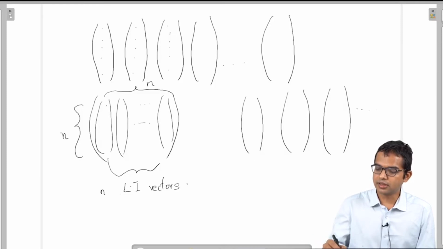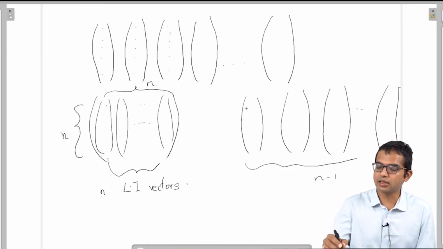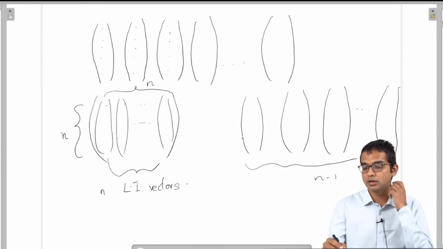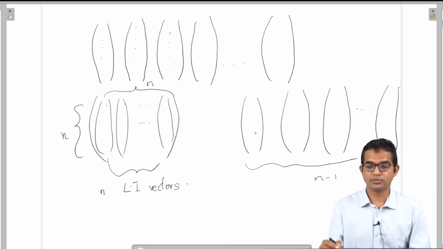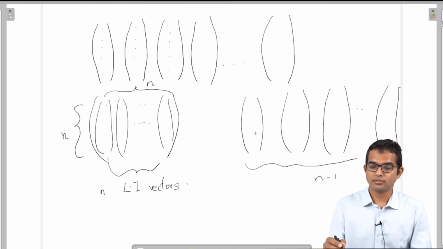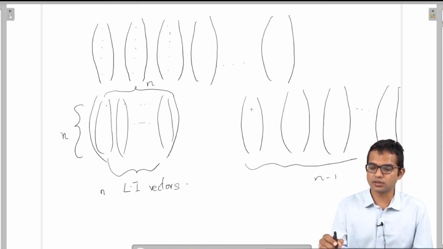But let's say you have worked this way and you have come up to n minus 1, and then you put in one more vector, and then suddenly you have not just an orthonormal set of vectors, but in fact you have suddenly created one more, because it's somehow like a jigsaw puzzle which fits together in such a way that it actually makes this matrix unitary.